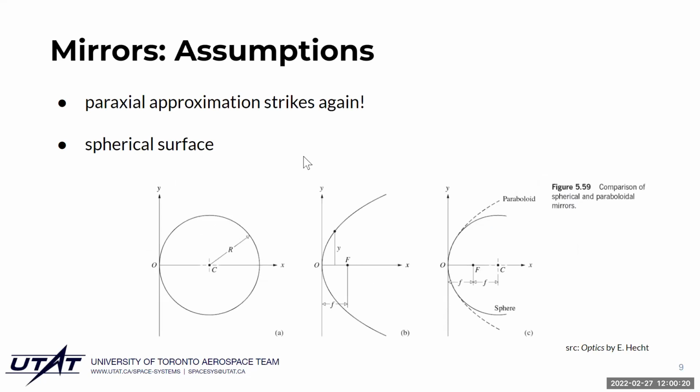Once again, not perfect, but you can see how close to this region, in the paraxial region, so close to the axis, they pretty much are the same. For one, this gives a paraboloid and a sphere, but it would be the same for hyperbolic mirrors. Close to here, we can approximate. But what we're neglecting by making these approximations are second order effects, like aberrations, etc., that we'll get to later on.